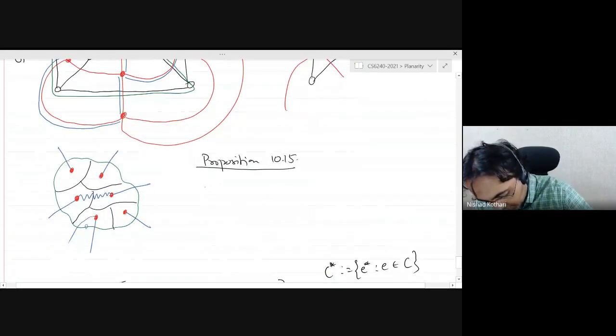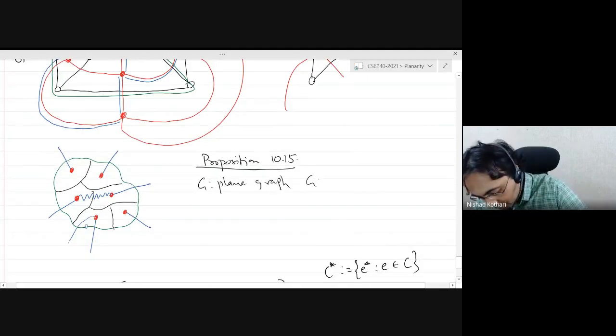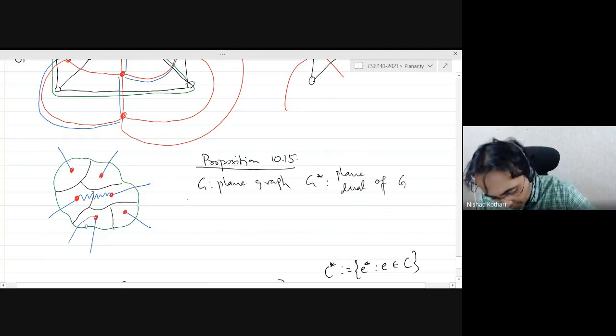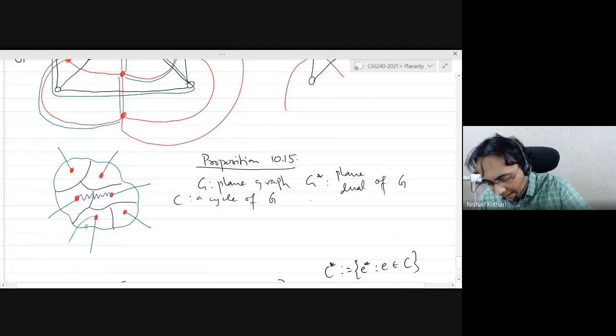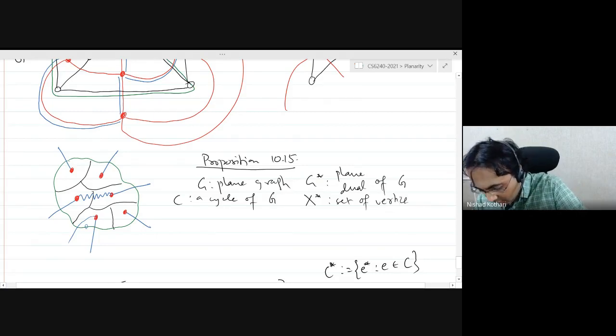You take a plane graph G and you take its plane dual. You take a cycle of the graph G and let X star be the set of dual vertices that lie in the interior of the cycle, right?